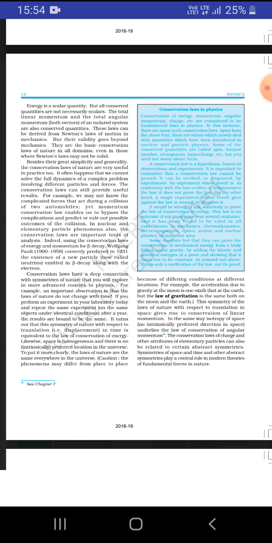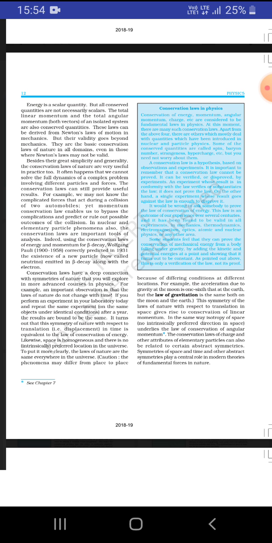The acceleration due to gravity on the moon is 1/6 that on the earth, but the law of gravitation is the same on both the moon and the earth, as Isaac Newton said. The symmetry of the laws of nature with respect to translation in space gives the conservation of linear momentum.